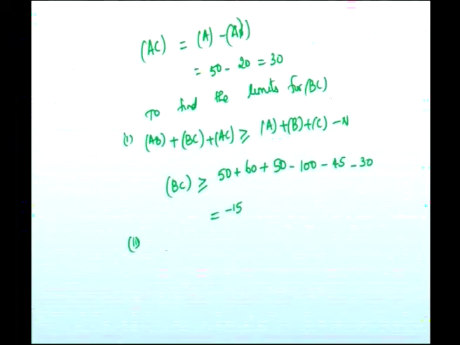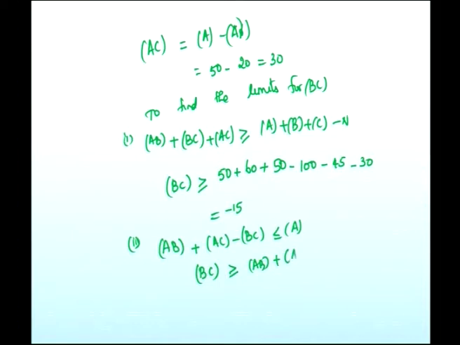Using the criterion for condition for consistency, AB plus AC minus BC is less than or equal to A. Therefore, taking that BC to the other side and bringing that A here, this can be reorganized as BC is greater than or equal to AB plus AC minus A. AB is 45 plus 30 minus 50, which is equal to 25.